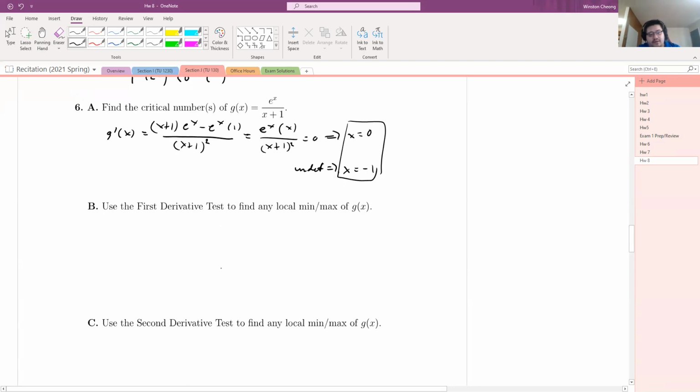Now, apply the first derivative test. That means we need a sign chart. Minus 1 and 0. And now we stare at this function, e to the x times x over x plus 1 quantity squared. The way I would think about this is e to the x is always positive, so I can ignore that.